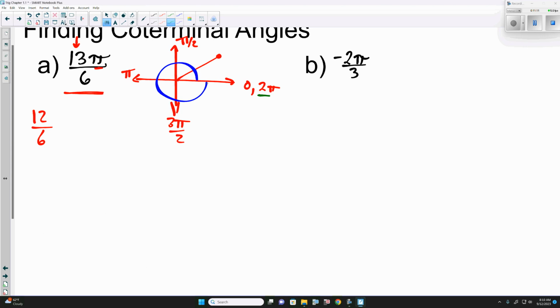Now, how much greater is this than 2? Because we have 13 over 6, yes? So how much greater is it? 1/6. Which means this angle right here is 1 over 6 pi. 1 over 6 pi units, or pi over 6.